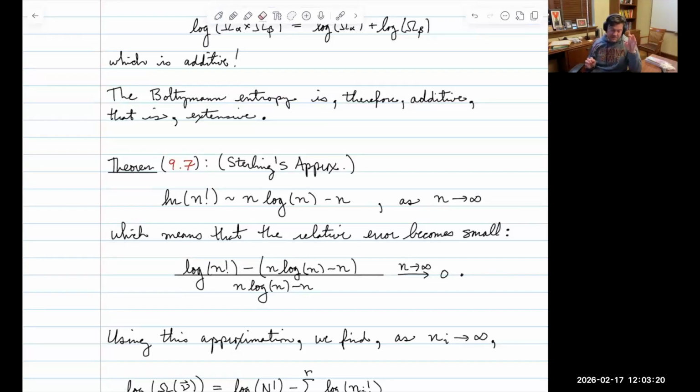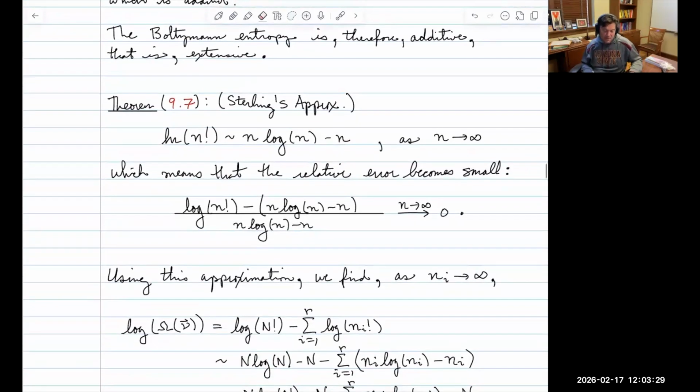So we want to transition from the Boltzmann entropy to something which is similar to it or almost the same as that. And what we want to do is use what's called Stirling's approximation to kind of soften the edges of the Boltzmann entropy.